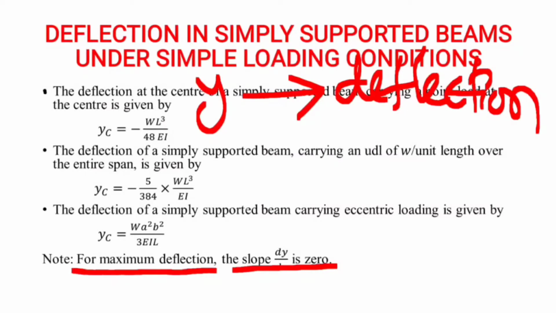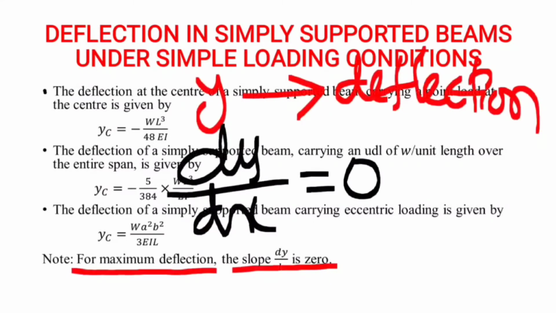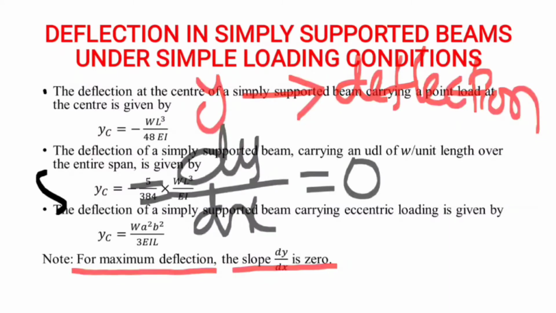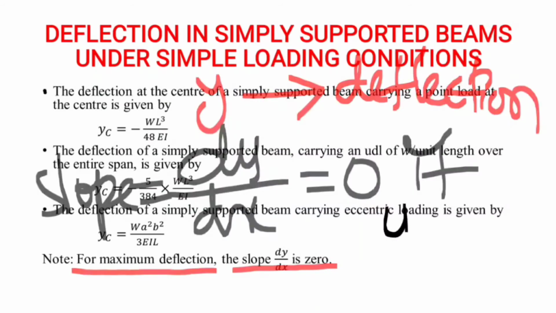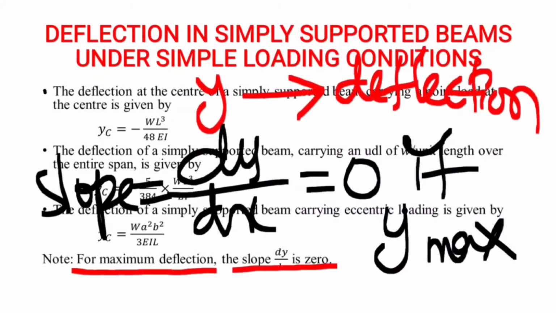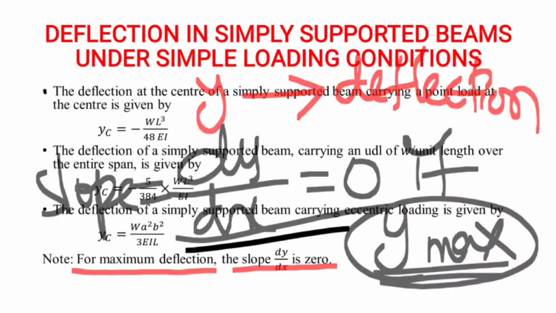Okay, when y is maximum, the first derivative of y is 0. The first derivative of the deflection is slope. If y max, deflection అనేది maximum అయితే slope అనేది 0.